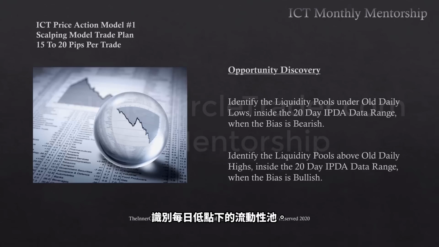Identifying the liquidity pools under old daily lows inside the last 20 days look back for the up-to-date range when the bias is bearish. We're going to be identifying the liquidity pools above old daily highs inside the last look back of 20 days for the up-to-date range when the bias is bullish.